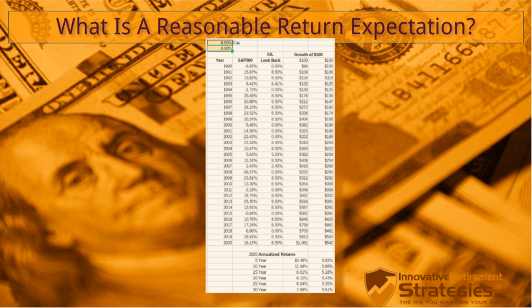Down at the bottom, I've got my calculations of the annualized return. We can take a look at the 5-year, 10-year, 15, 20, 25, and 30 years. Those are the rates of return that would have gotten you from the value 5 years ago, for example, to the present value, if you invested, in the case of this one, 5.02% every single year, year in, year out, despite the volatility of the market.